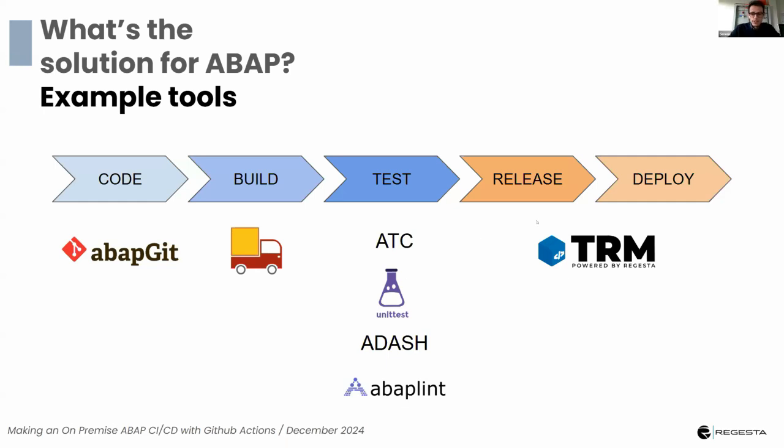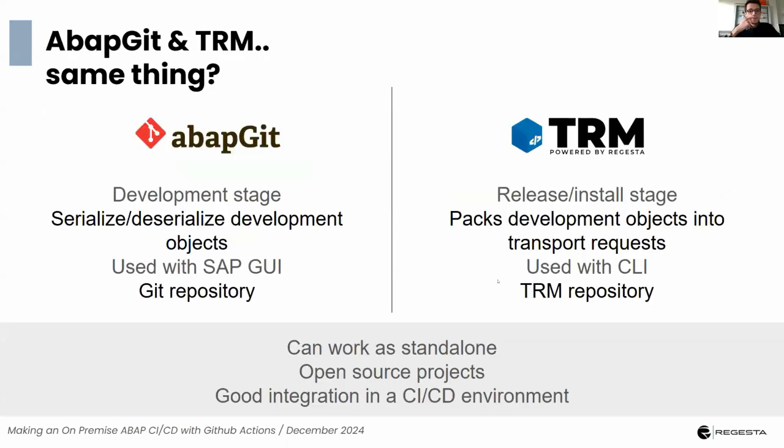For the release and deploy stage, I'm happy to introduce, for the first time in a live demo, a stable release of TRM, which is a project that I've been working on for the past year, basically. Its job is to get your development from one system to another. So this is why I chose it for the release and deploy stage.